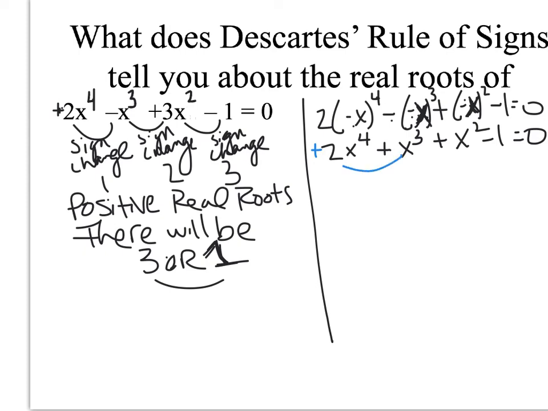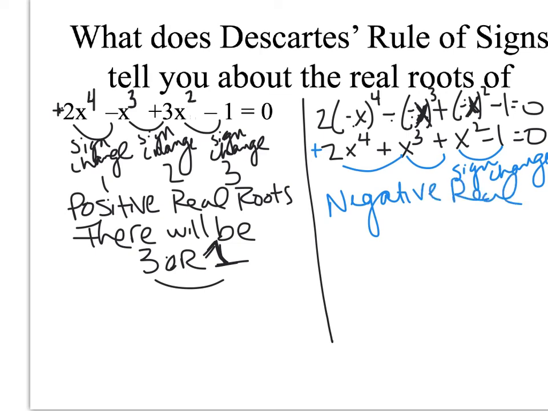So our number of sign changes, because this is positive: from here to here, there's no sign change. From here to here, there's no sign change. From here to here, there's a sign change. So, negative real roots, there's 1.